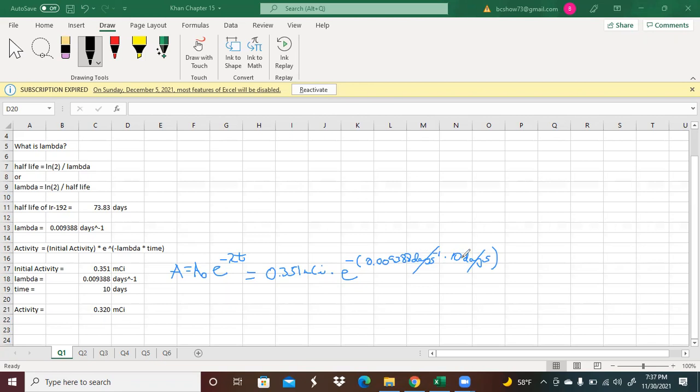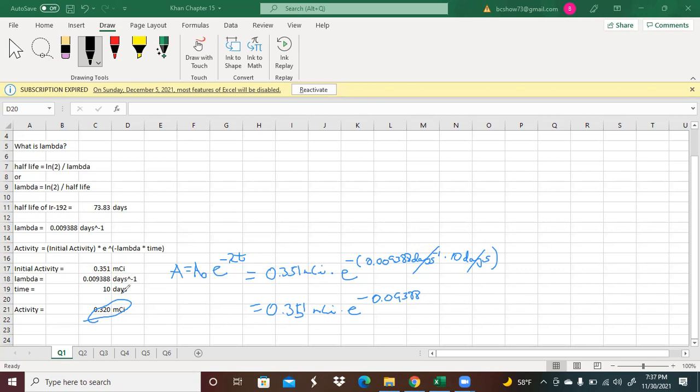And you've got this, which is basically this multiplied by 10. So you end up with 0.351 millicuries times e to the minus 0.09388. And if you multiply all of that out, then this should be the value that you end up with, 0.320 millicuries.